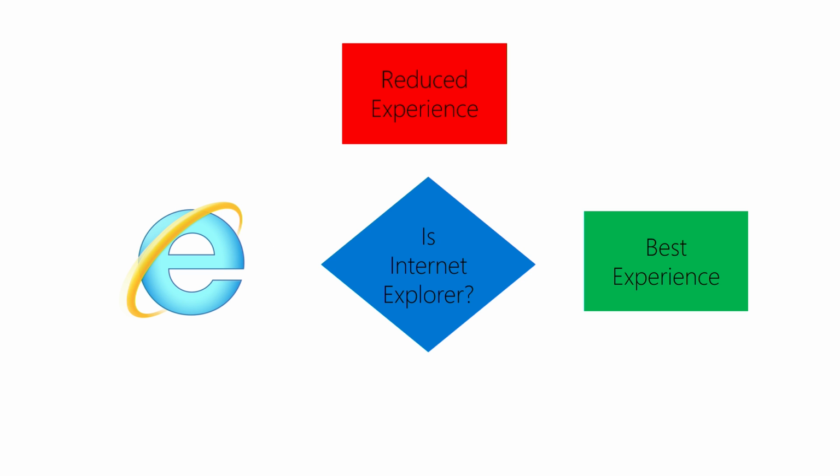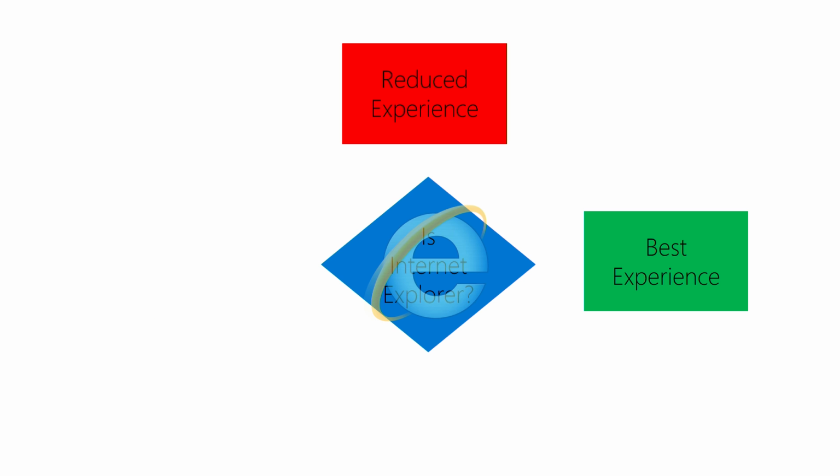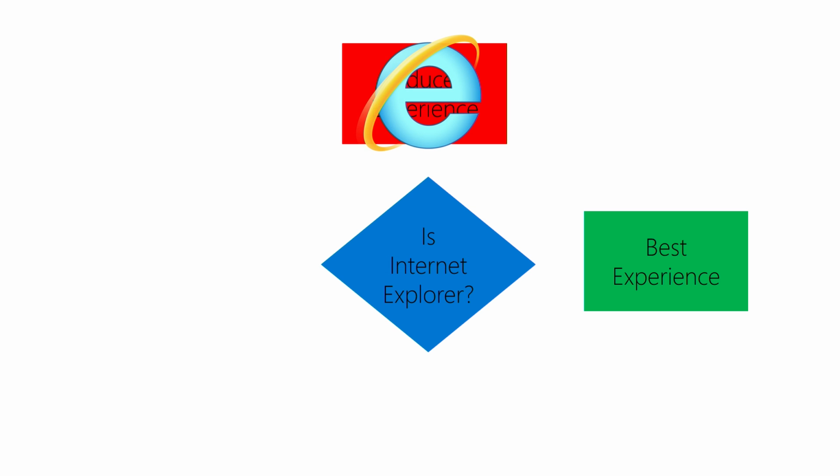Now, this can work actually quite well, initially. An IE 6 user comes along, it checks, is this Internet Explorer? It is, so we're going to give these guys the reduced experience, and other browsers which do support whatever feature it is that they're working with can get the better experience.